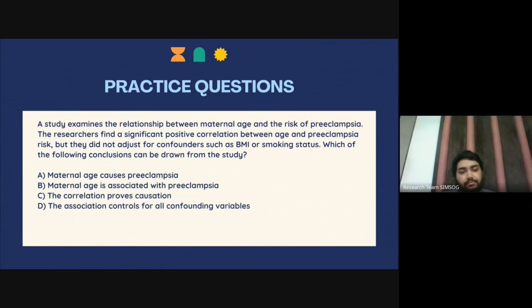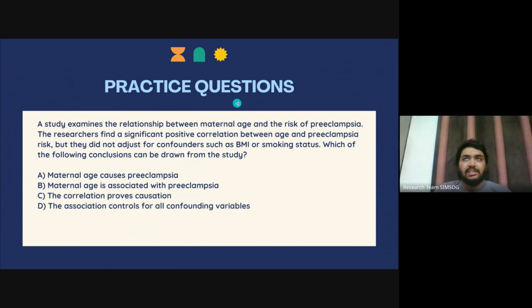Anybody? Let's go one by one. Okay. A, maternal age causes preeclampsia. We'll come to that later. B, maternal age is associated with preeclampsia. Okay, I think that might be correct because positive correlation is told. Whenever there's correlation, there's definitely an association. So B might be correct.